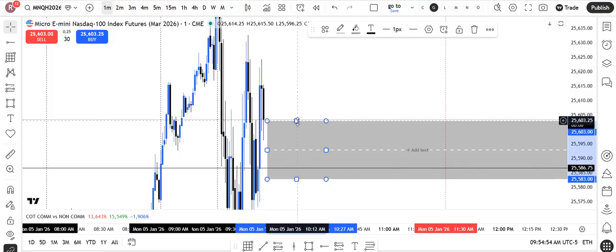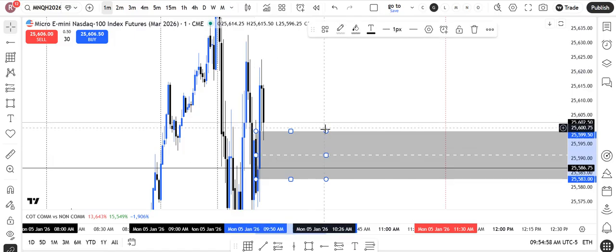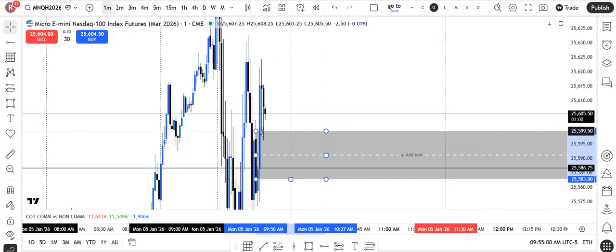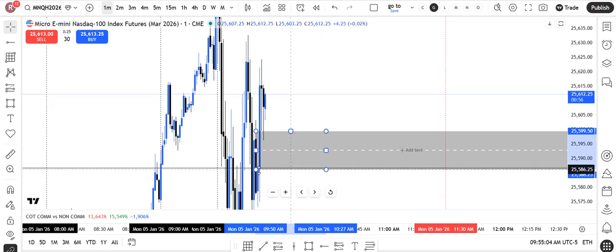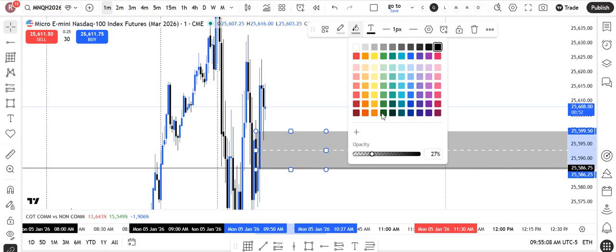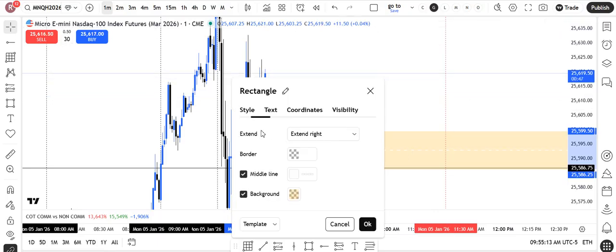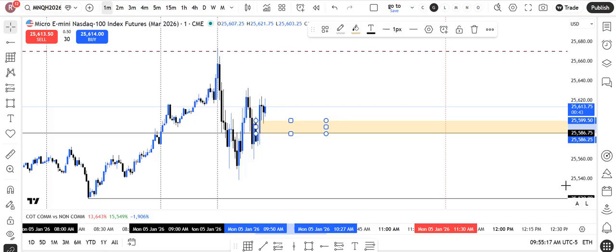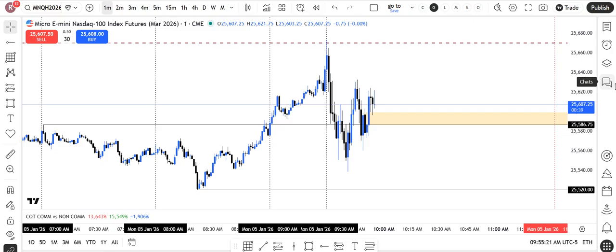So, fair value gap from this candle's low to this candle's close, because this is a volume imbalance right here, so we do have to incorporate that. And I'm going to make it an obnoxious color, so yellow. I'm not going to do the middle line. Okay. There we go. So we got 4 minutes till news drops.